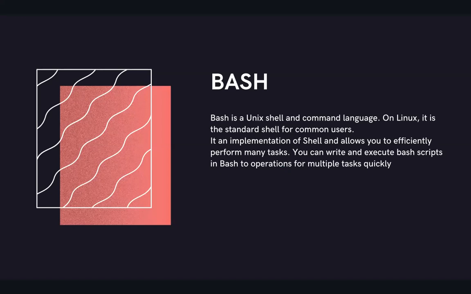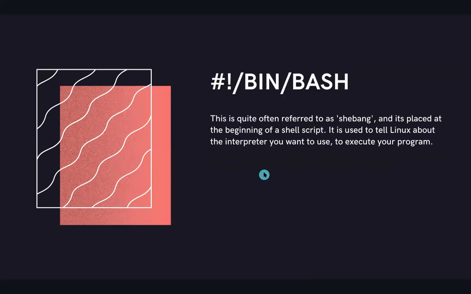And here is a really interesting and important part of the bash script, which all bash scripts must have at the beginning. It is referred to as Shebang in some cases, and it is used to tell Linux about the interpreter that you want to use. So in this case, the bash.